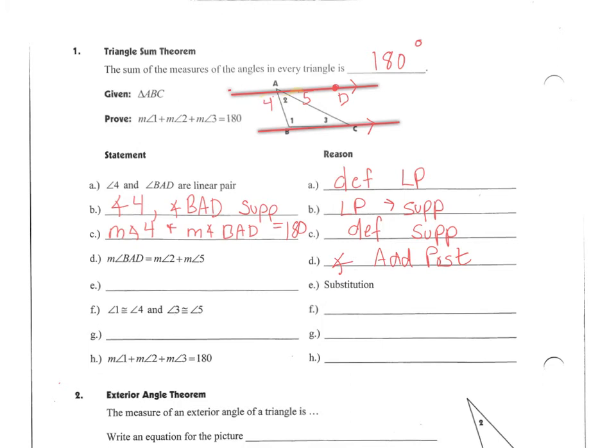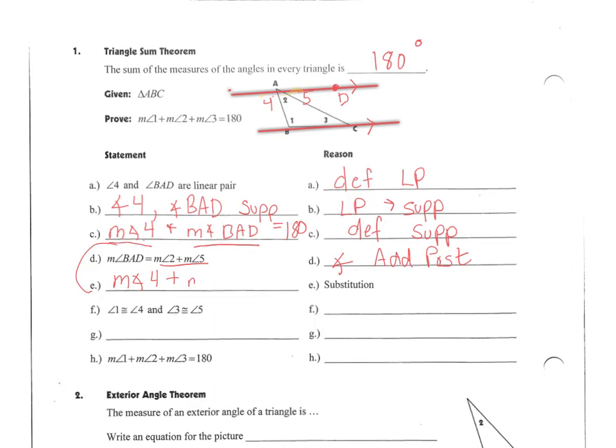So now if we look at what's next here, we have the measure of angle 4, so I'm going to drop that down, and we add to that the measure of angle BAD. But we now said that that is combined of the measure of angle 2 and the measure of angle 5.